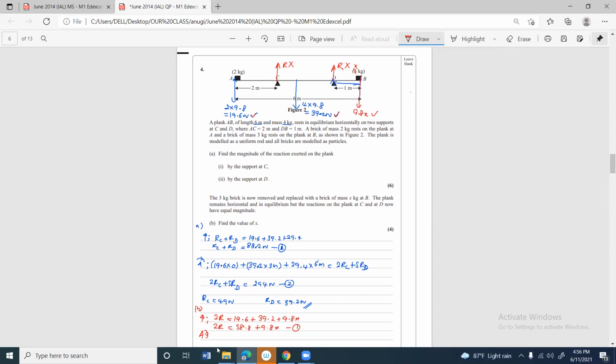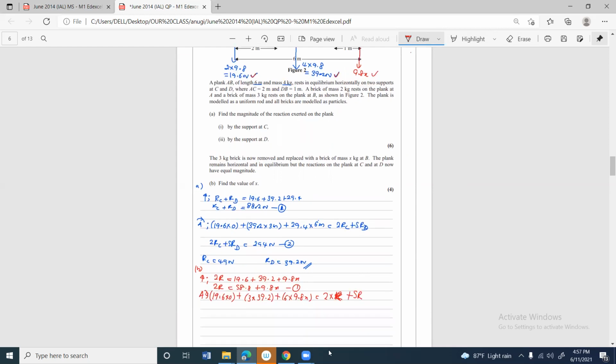So you can say 19.6 into 0 plus 3 times 39.2 plus 6 times 9.8x is equal to 2 times R, there's nothing called RC now, plus, from A to D, the distance is 5 into R.